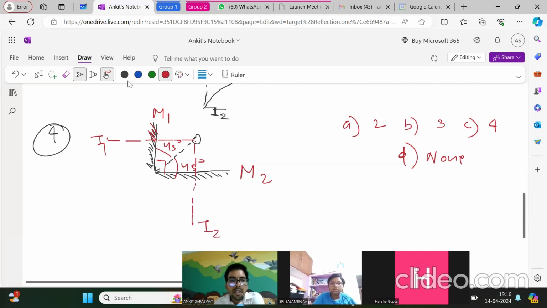And can you see, if I draw the ray diagram like this, like this, but you forget one more image. I'm showing here one more ray.